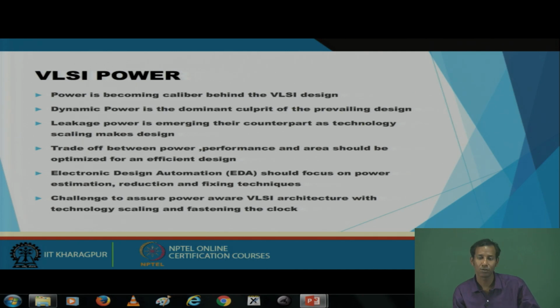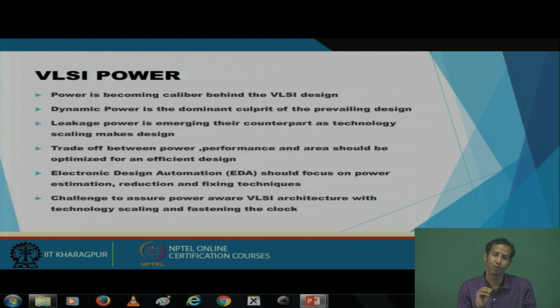Okay. So, that is why both the area optimization as well as the timing optimization have been automatically done using the EDA tool. But more of these techniques should be incorporated in the EDA tool, so that manually I can also make architectural optimization changes, some logic level changes or some device level changes to achieve low power.